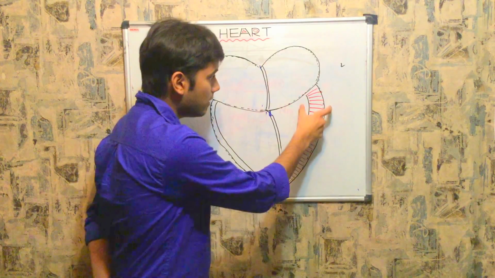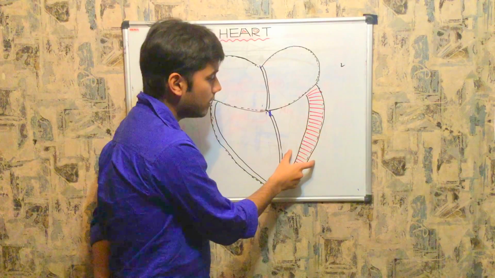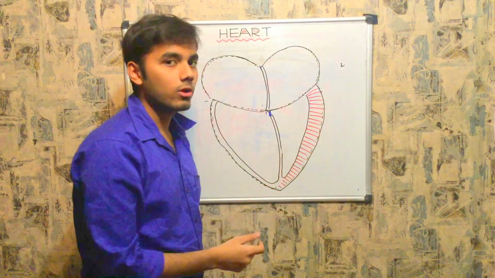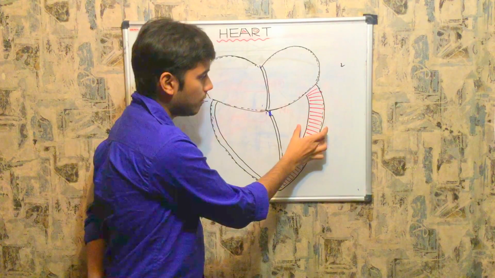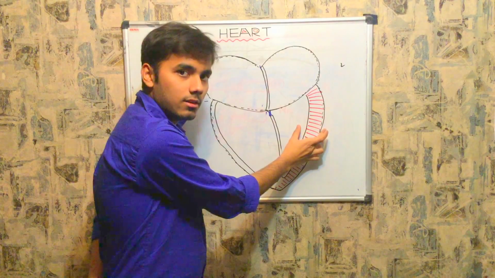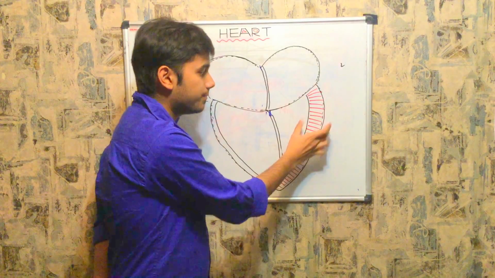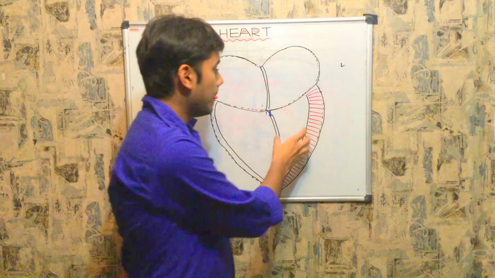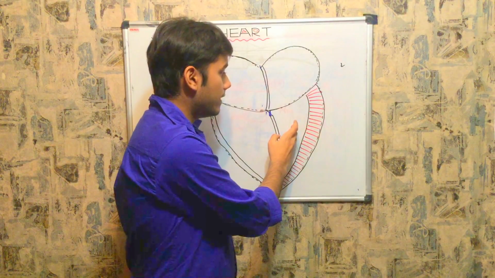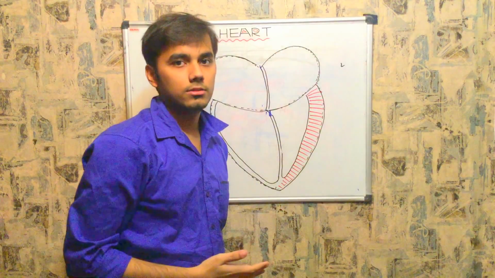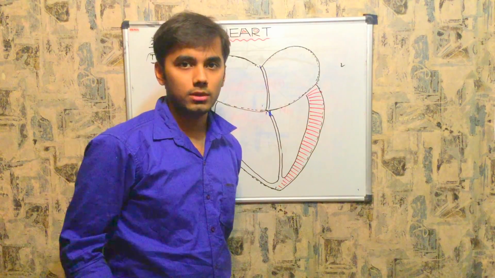Now, this is the muscle of the heart, which we also call the myocardium. So there is a thick myocardium in the left ventricle. The reason behind that is that, as I told you, blood through the left ventricle is carried by the systemic circulation to all the parts of your body, right?